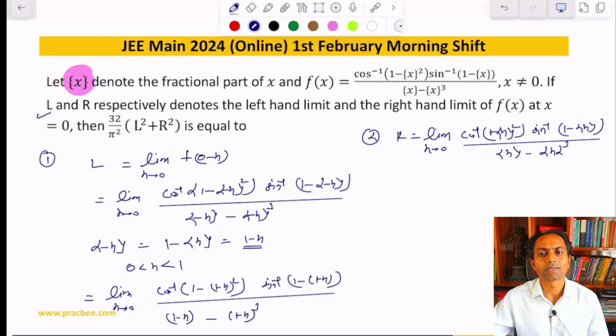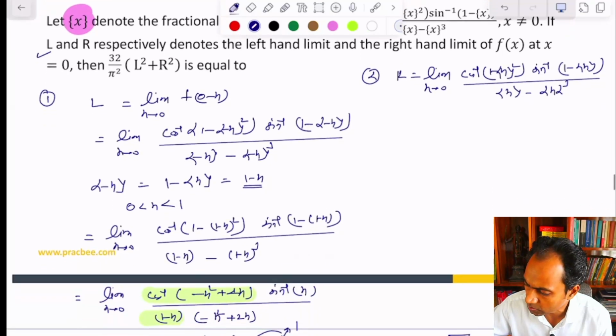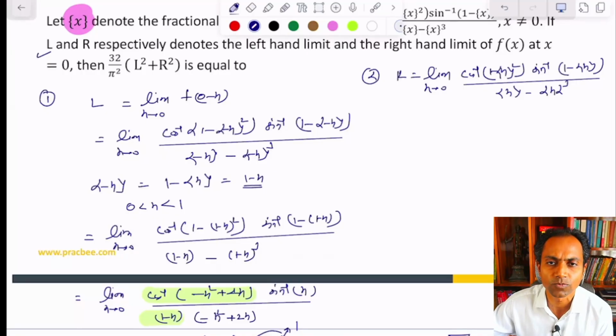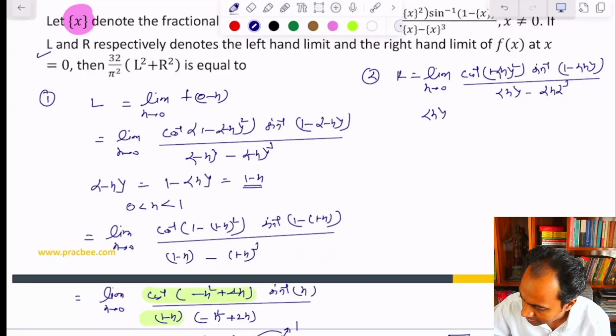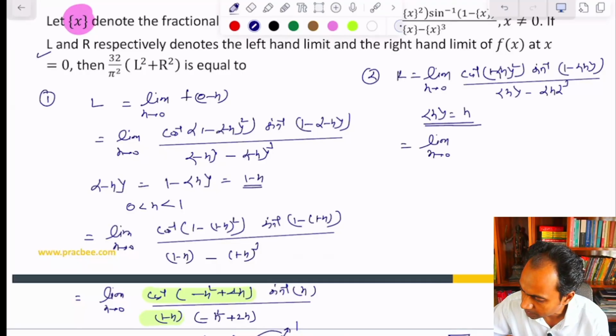Now here the interesting thing is, if you are looking for positive values of h, that are also very small, very close to 0, in this case, this could be interpreted as h only. So again, we get rid of the fractional part that was creating a problem. So cos inverse of (1 minus h) square into sine inverse of (1 minus h) divided by h minus h cube.